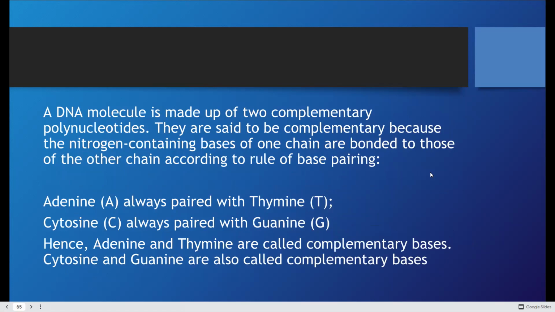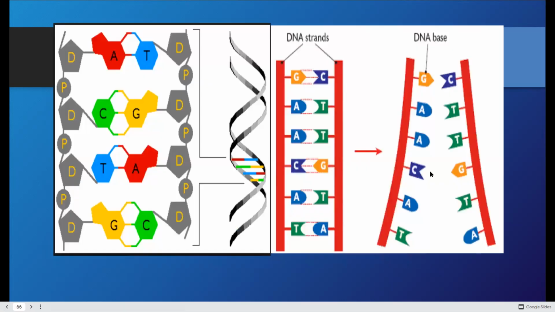Adenine is always paired with thymine, A is to T. Cytosine is always paired with guanine, C is to G. Hence, adenine and thymine are called complementary bases, and cytosine and guanine are also called complementary bases. So they're always paired. Hence the DNA structure. As you can see, adenine is always paired with thymine, and cytosine is always paired with guanine, and so on.